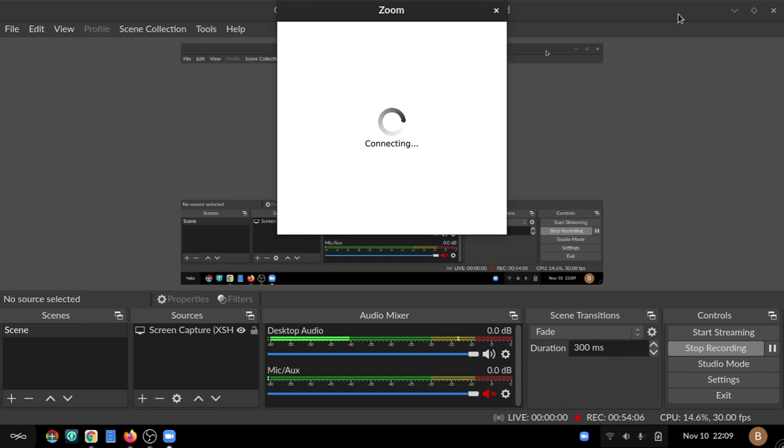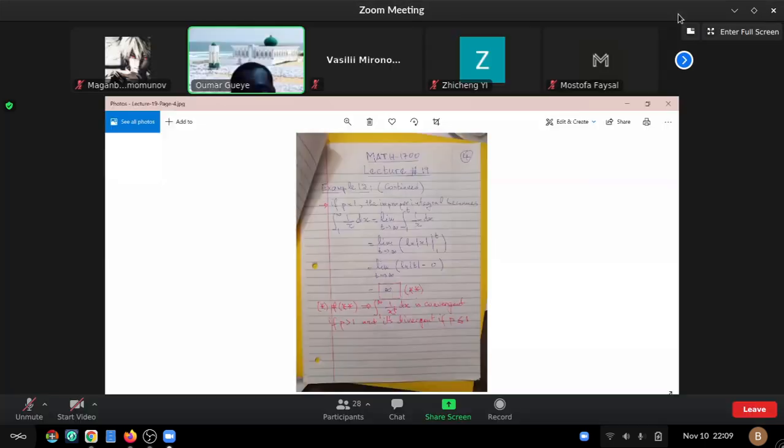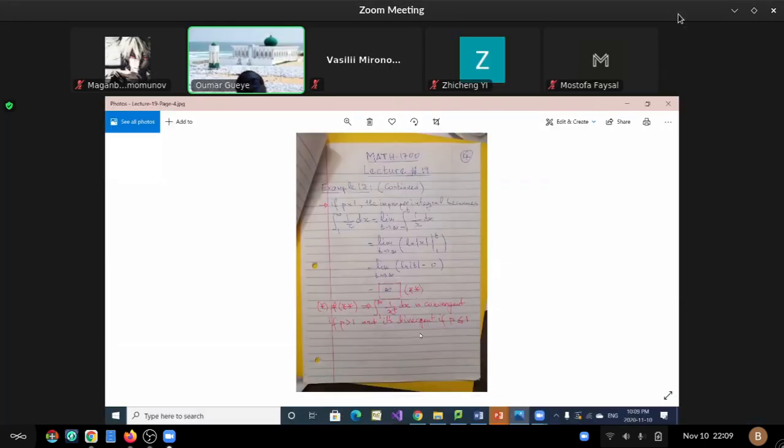Convergent if p is less or equal to 1 is going to be divergent. And that's what we prove here. Any question?